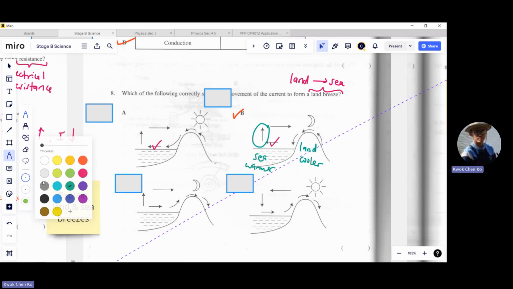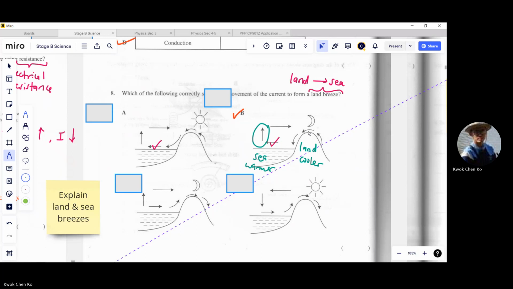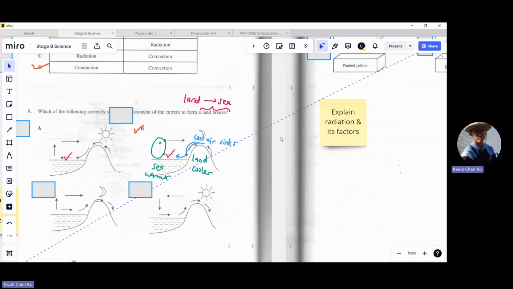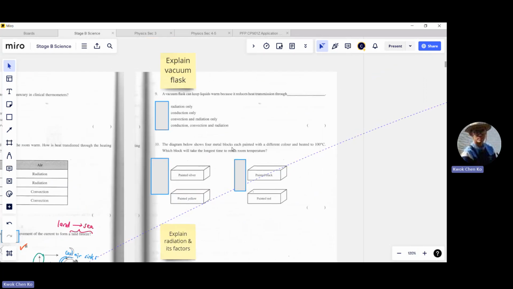And since your land is cooler, the air will sink, but there's nowhere to sink except towards the sea. So cool air sinks, warm air rises. Okay, Ashton? If not, never mind. Hope that it doesn't come out. Hope isn't enough.